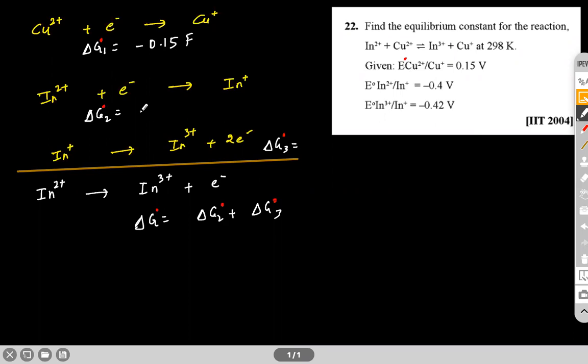Delta G2 is equal to minus n F E, for In2+ to In+ it is 0.40 Faraday. And for this one, In+ to In3+, it should be plus of this, so minus of 0.42 Faraday.